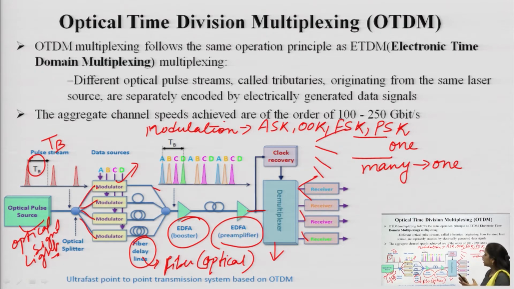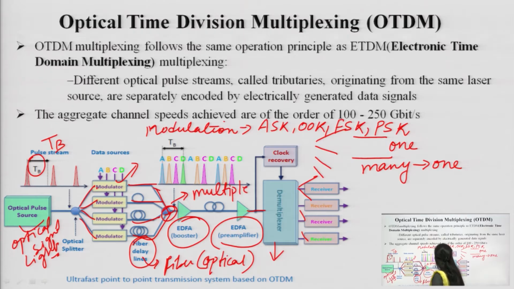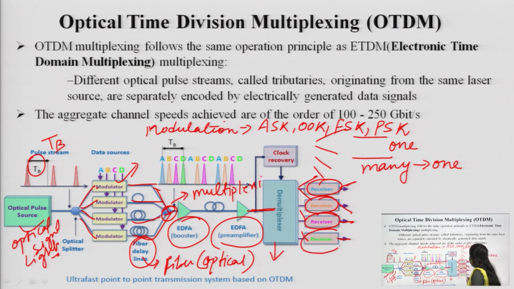In this case both multiplexing and demultiplexing take place: first many signals are incorporated and converted into one, so the multiplexing is done, and at the end the one signal which is transmitted gets into a number of receivers, so that the maximum can be achieved from this one optical fiber.